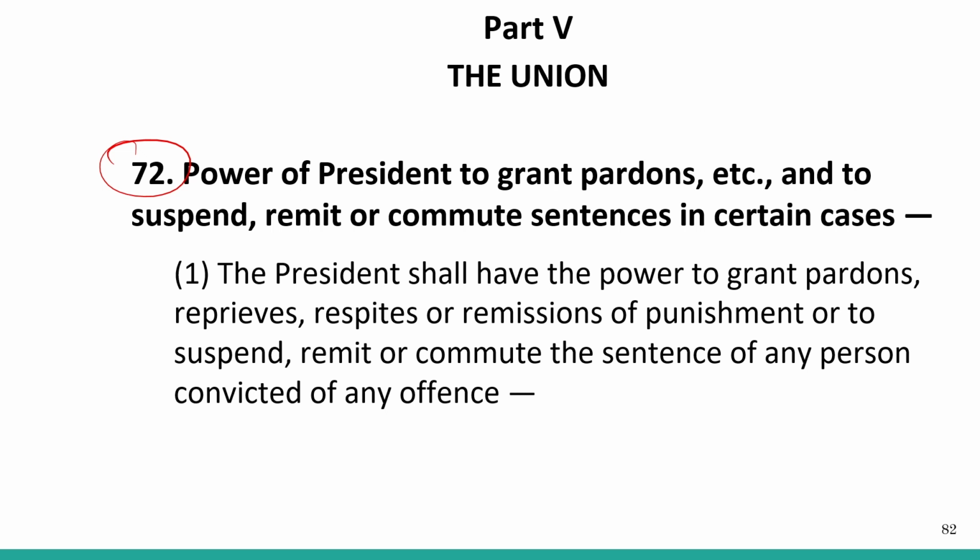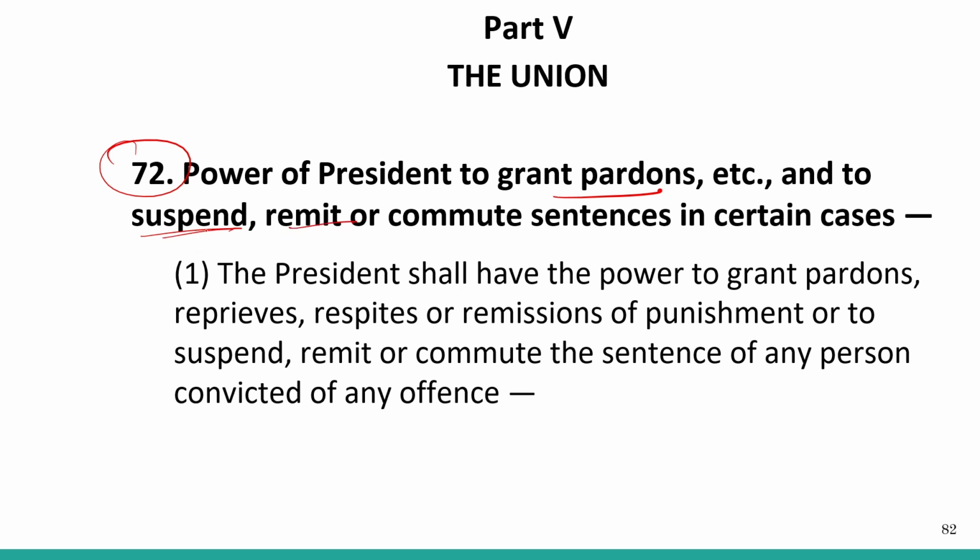But for serious offences, where the death penalty or lifetime imprisonment is given, once the trial courts' judgment has come to the Supreme Court, the Supreme Court has pronounced the judgment and all the appeals have been exhausted, then there is one authority, the president, who has the power to grant pardons to the criminals who have been sentenced for an offense.